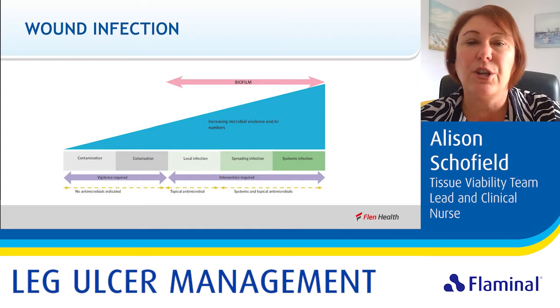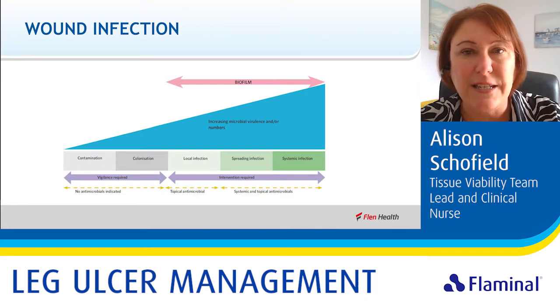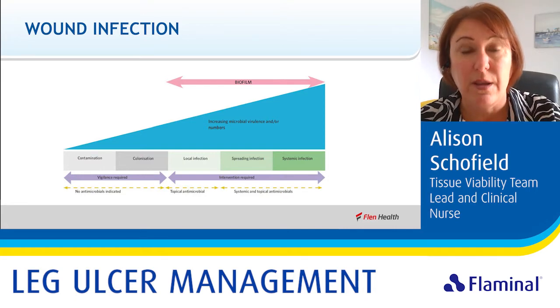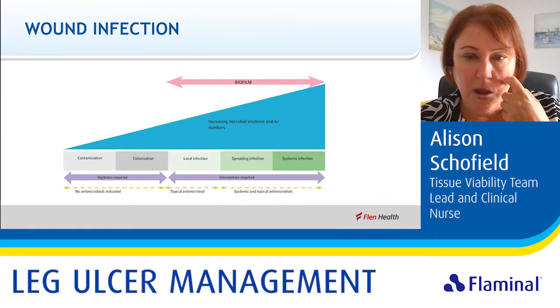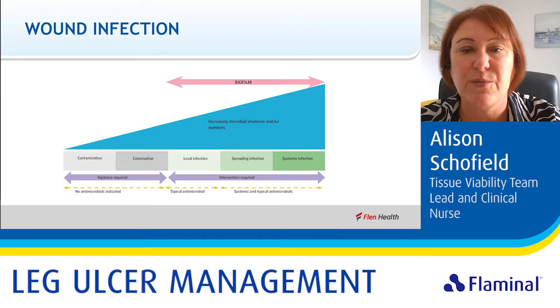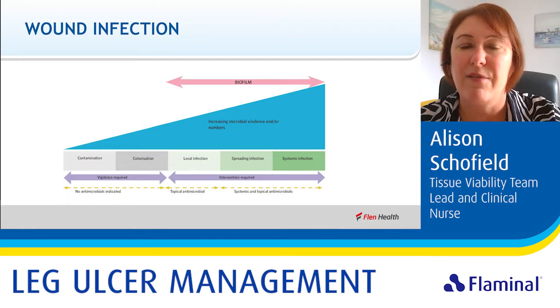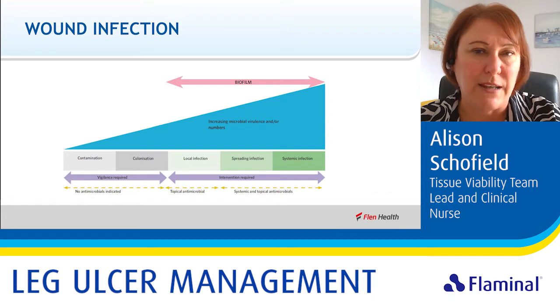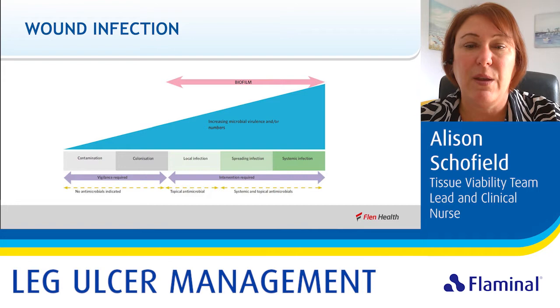Then we move on to local infection, and this is when we're looking at our topical antimicrobials. Topical, that is our dressing type treatments, the honey, the silver, etc. Only when we come to the point of a spreading infection, so think of those signs of infection to the tissue, spreading erythema, heat, then we need to be looking at systemic and topical antibiotics, antimicrobials, because we don't want this to turn into a systemic infection.